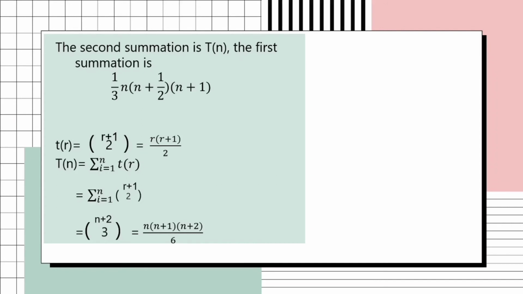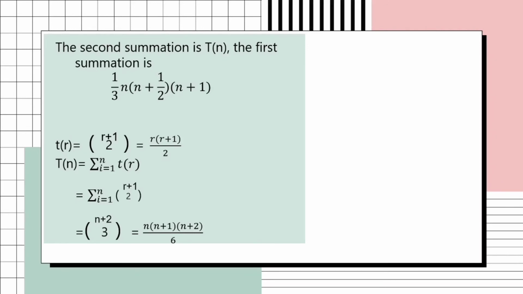So substitute the n to r. So this is the binomial equation: r plus 1 choose 2 is equal to r multiplied by r plus 1 divided by 2.